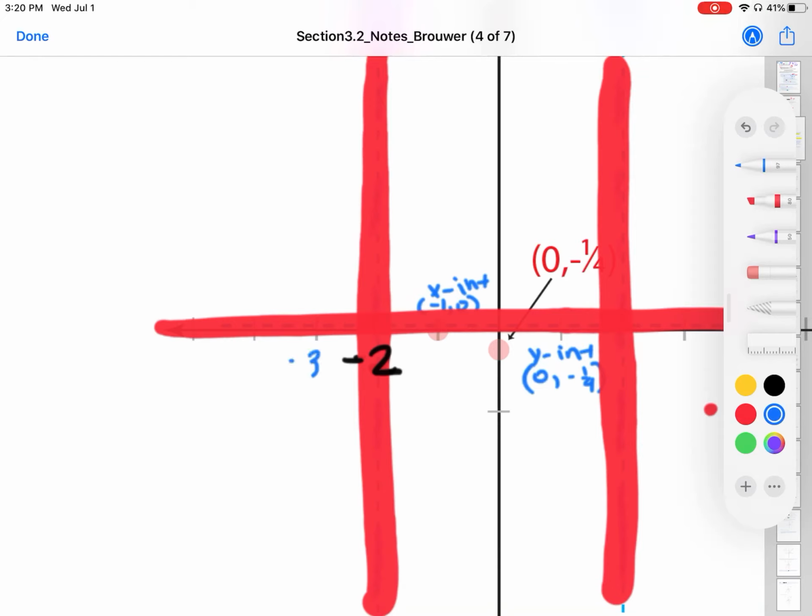Say -3. If it's positive, it's going to be above my x-axis, above my horizontal asymptote. If it's negative, it's going to be below. But regardless, I just need to know the sign, because if it's above, let's say this point is somewhere over here, then this point is part of a line that will not cross my horizontal asymptote and will not cross my vertical asymptote.